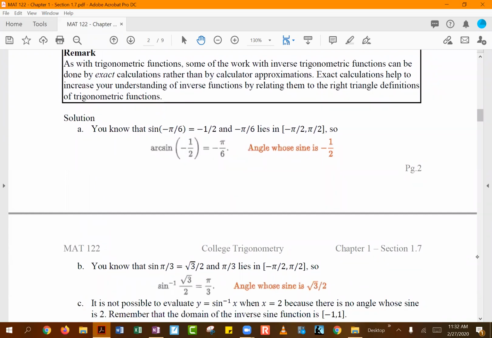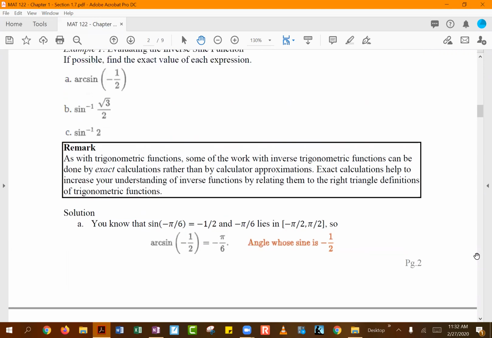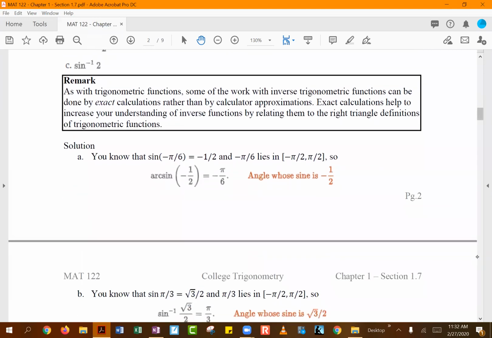All right, so let's see how we can go about finding the value of arcsine of -1/2. So we're actually, again, falling back on this idea that if sine of -pi/6 gives us -1/2, and as long as that -pi/6 is within the range of the arcsine function, you are okay to use that value.